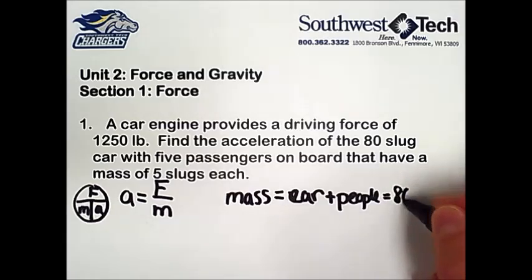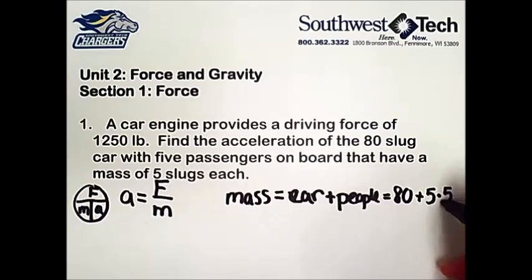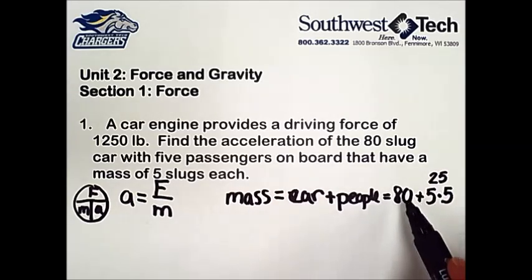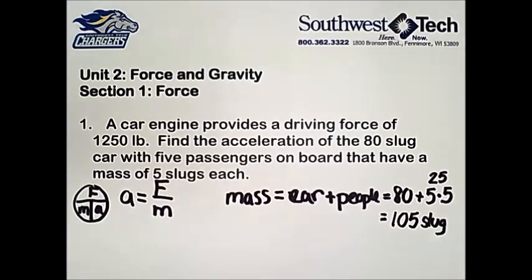So the car's mass is 80 slugs, and there are 5 people in this car that have a mass of 5 slugs each, so 5 times 5 is 25. So now we can take 80 plus 25, so the total mass of this car is 105 slugs.